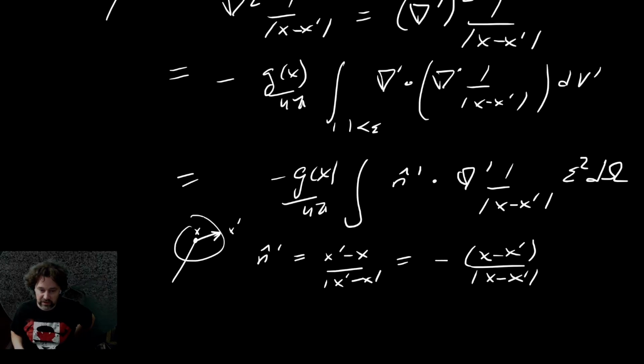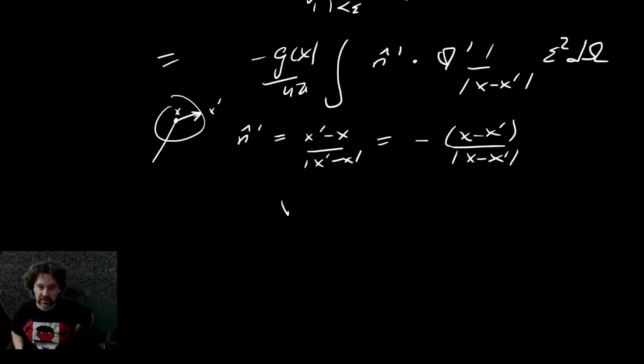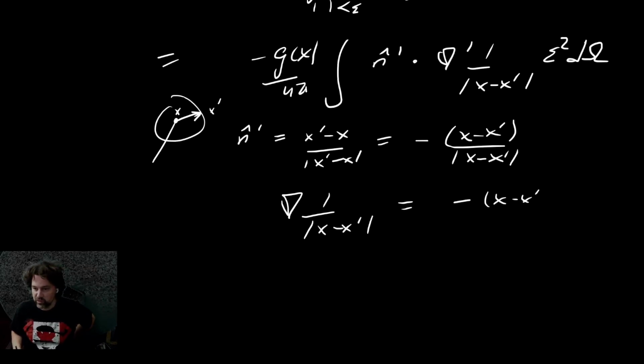How about our gradient? We found that the gradient of 1 over |x minus x prime| was minus (x minus x prime) over |x minus x prime| cubed.